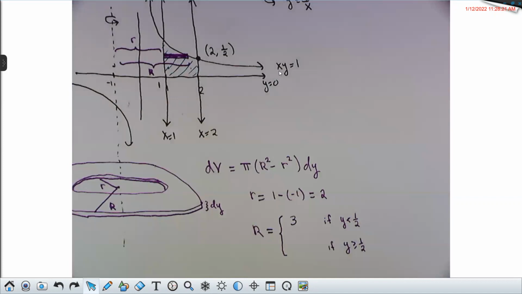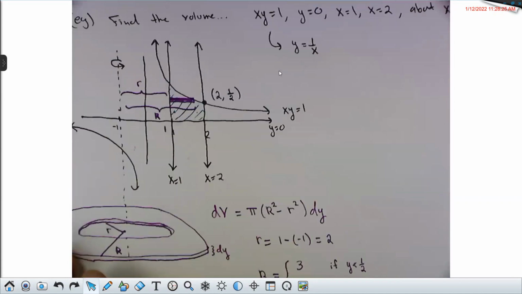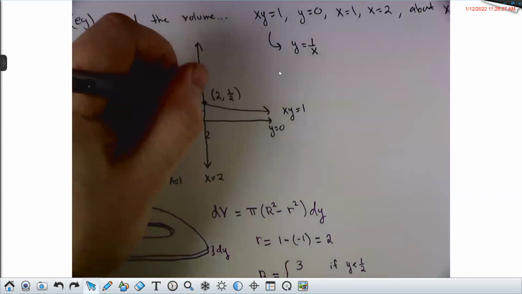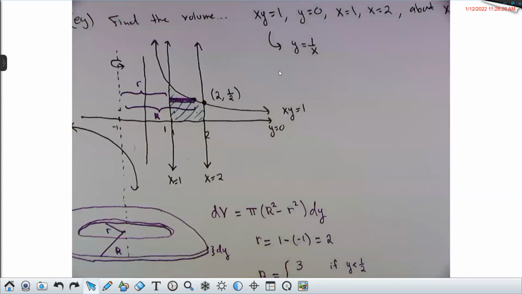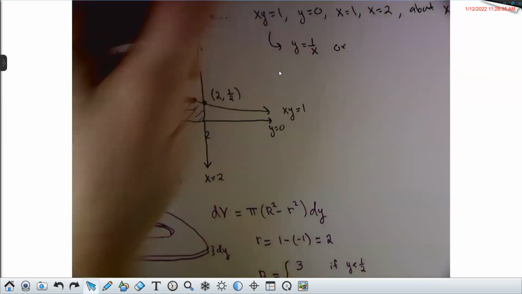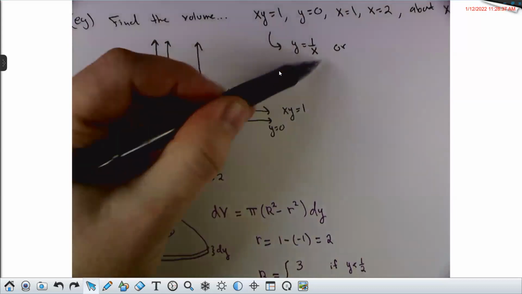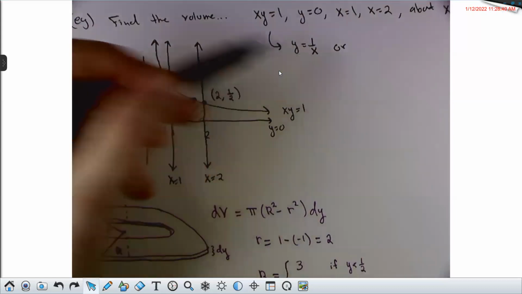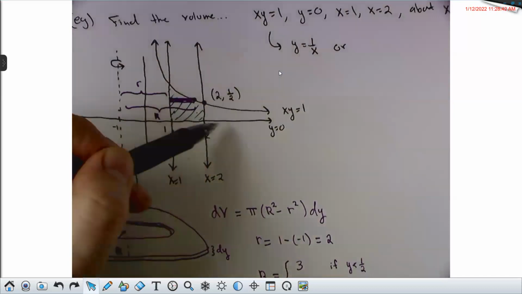However, if the strip is above that intersection point, we need to play this game where we characterize that point on the curve, and we need to do it in terms of the variable y. So if I solve x times y equals 1 for y, I get y equals 1 over x, which is what I use to graph this curve, because I know what that curve looks like when I write it that way.